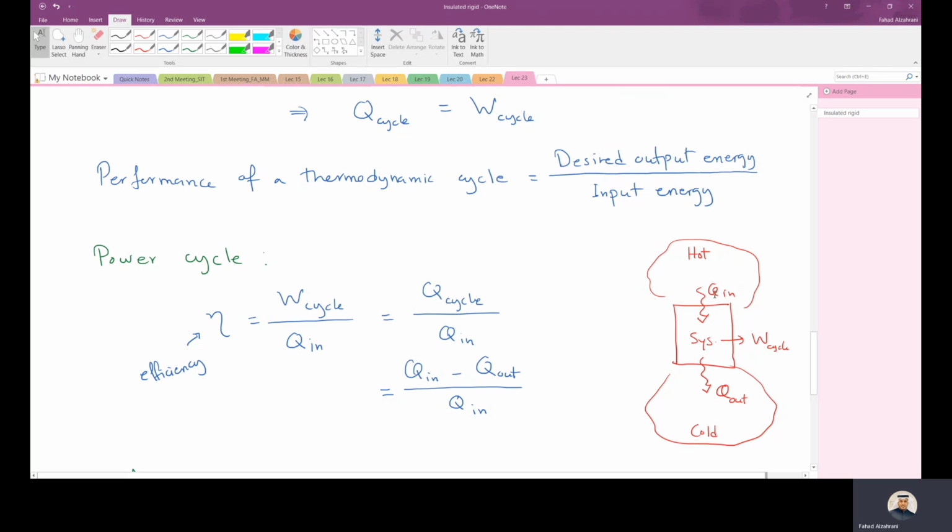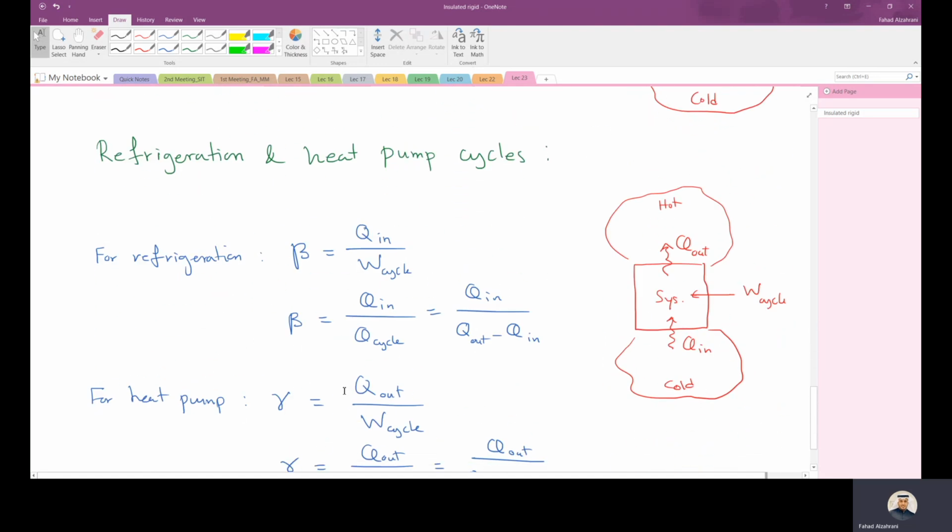So in this case, I have Qin to the system, and since Q out is negative, I have Qin minus Q out. So my Q of the cycle is Qin minus Q out, which is the summation of the heat transfer in or out of the system, or the net heat transfer. So this is the equation that represents the performance of the power cycle.